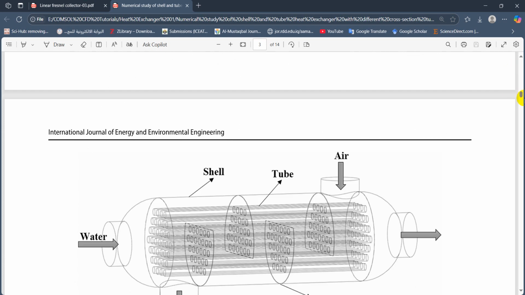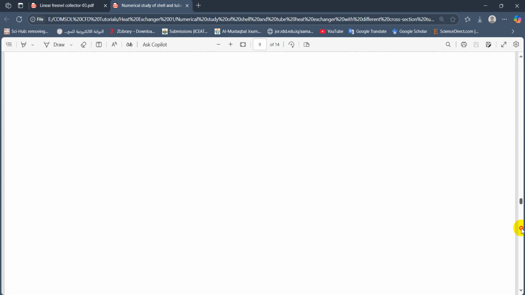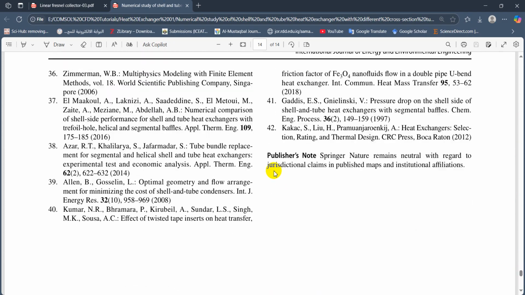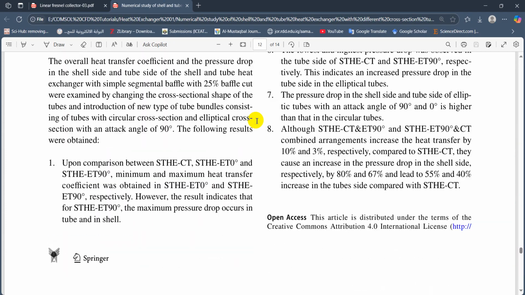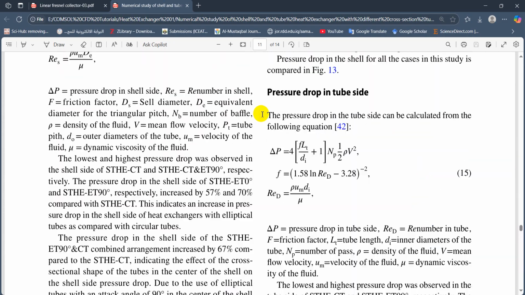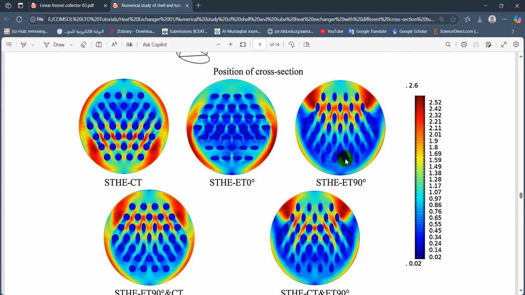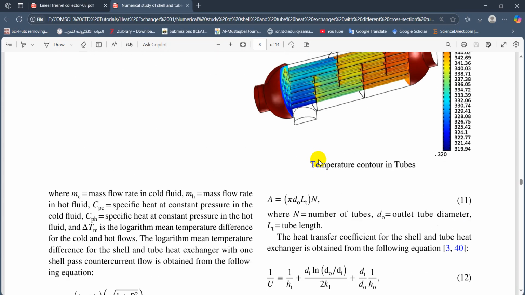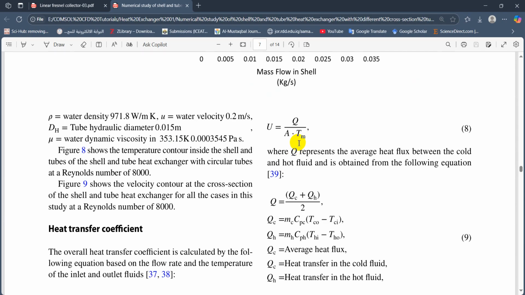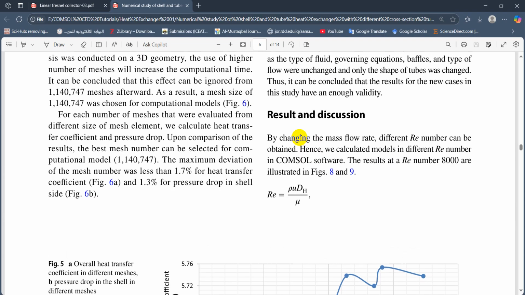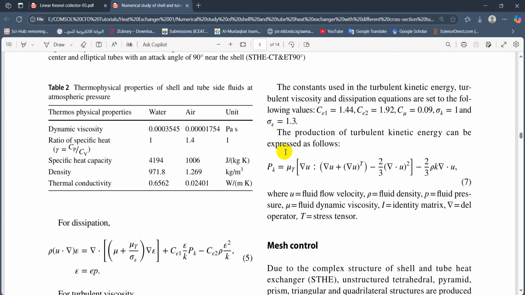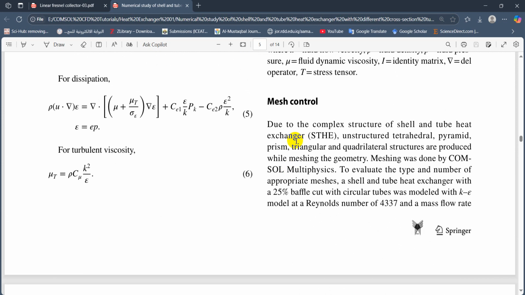Some journals locate the nomenclature at the end of the paper, but when you read the full paper, you will never find a nomenclature, so the authors locate the symbol meanings within the text of the paper.